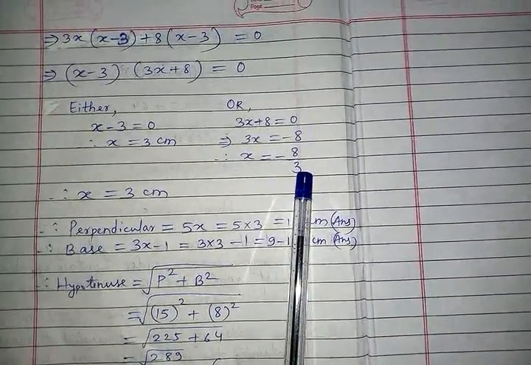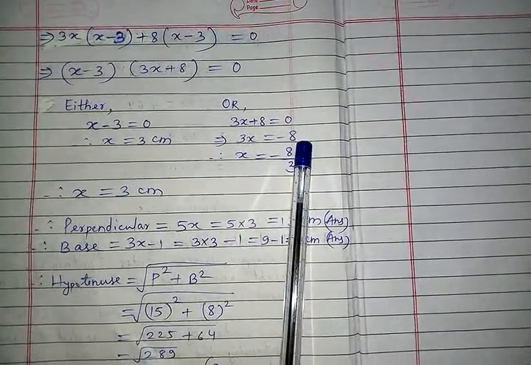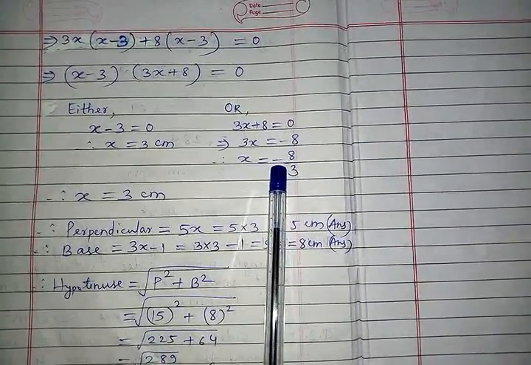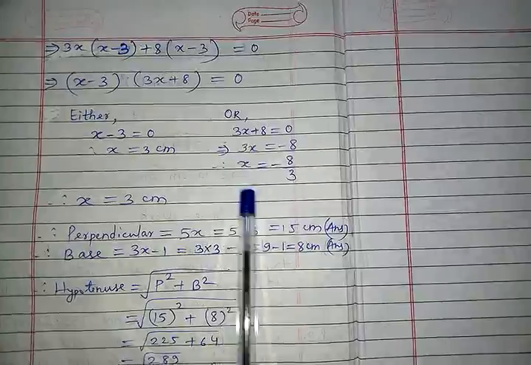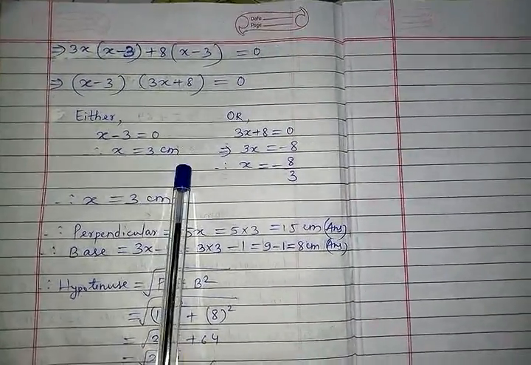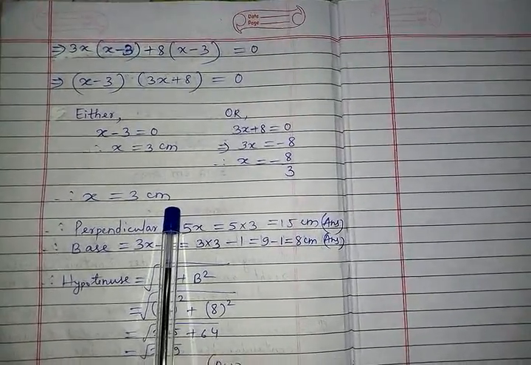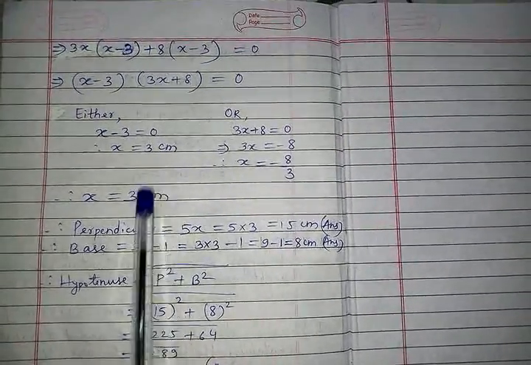As you all know, x is the side of a triangle, and the side of a triangle cannot be negative. So we will not take this negative value, but we will take the value of x as 3 centimeter. So finally we decided x equals 3 centimeter. We take the positive value.